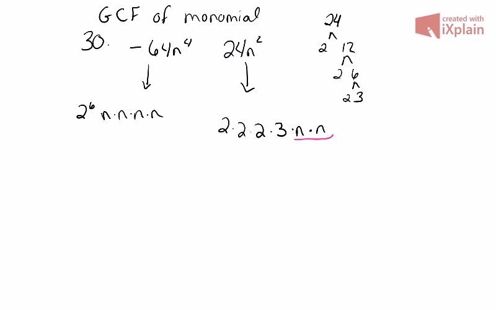I have 2 n's, and then I have 3 2's, and I can pull 3 2's out of my 2 to the 6th here. So my GCF, once I pull everything out, would give me the 3 2's, so 2 to the 3rd, times n squared, and well, 2 to the 3rd is 8, n squared.